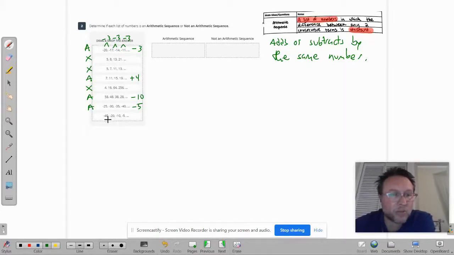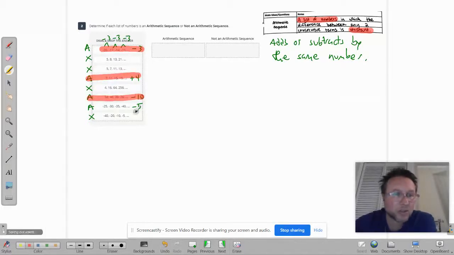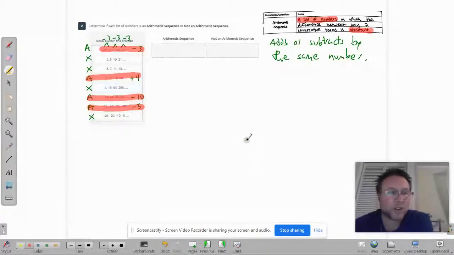And then this last one, 40, 20, 10, and 5, that's being cut in half. It's being multiplied by 1/2. So that would not be arithmetic. So the only ones that are arithmetic here would be this sequence going down by 3, this one going up by 4, this one going down by 10, and this one going down by 5. So those would be your arithmetic sequences.